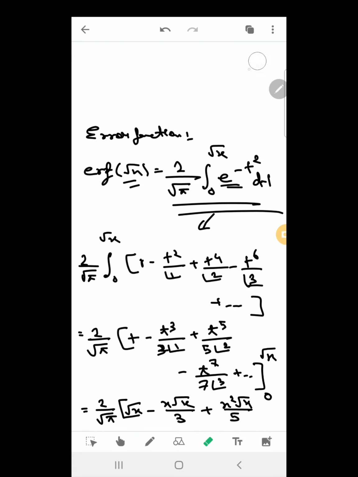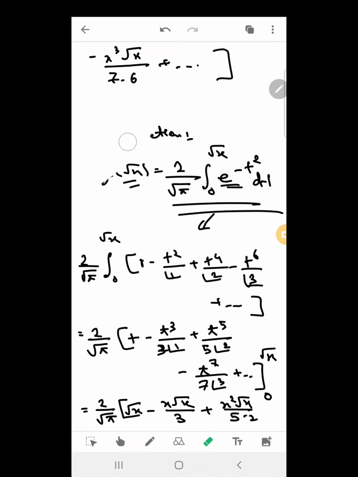Okay, x square root x over 5 minus x cube root x over, so this is not 5, this is 5 times 2 I guess, yeah, and this is 7 times 6 and so on. Got it?